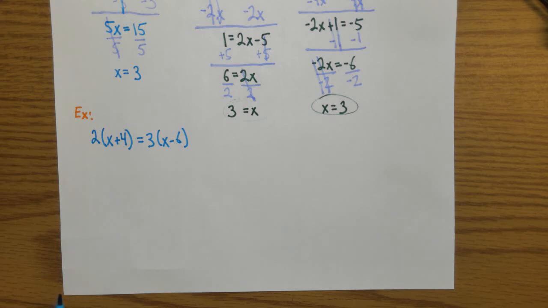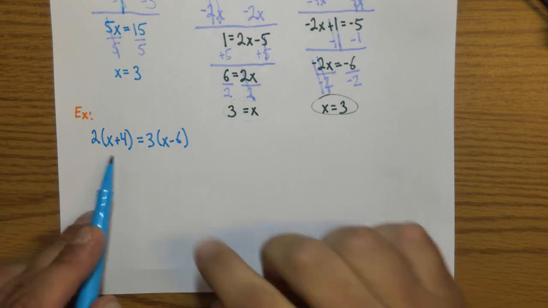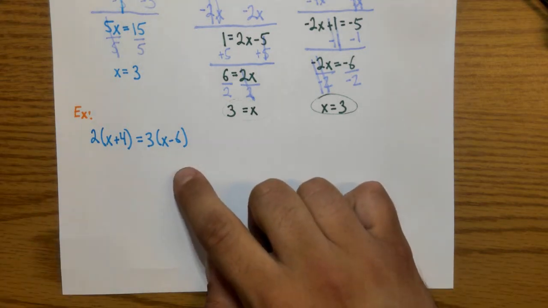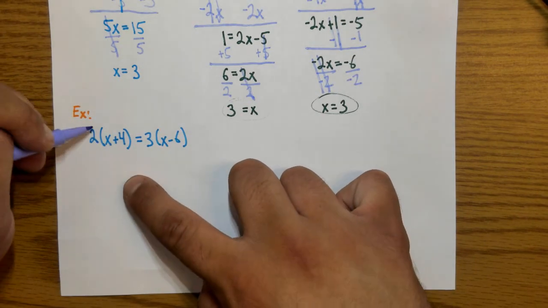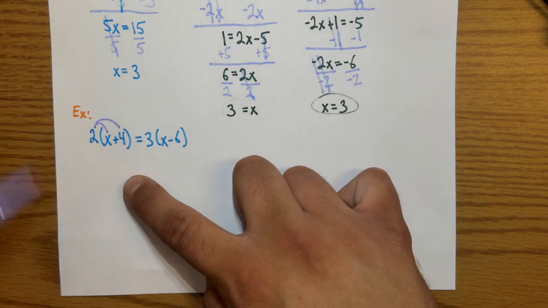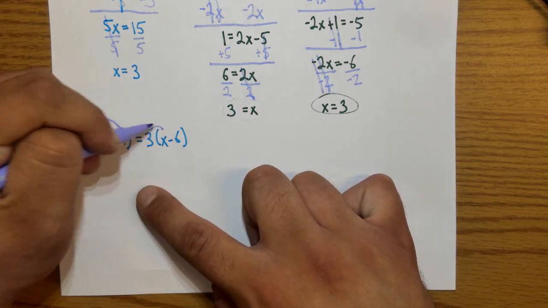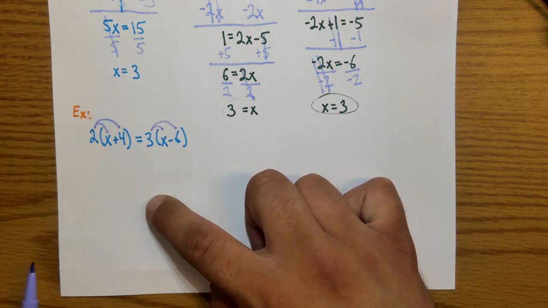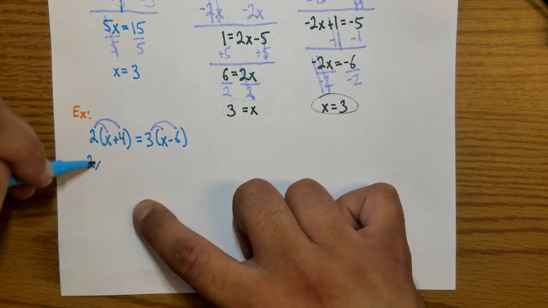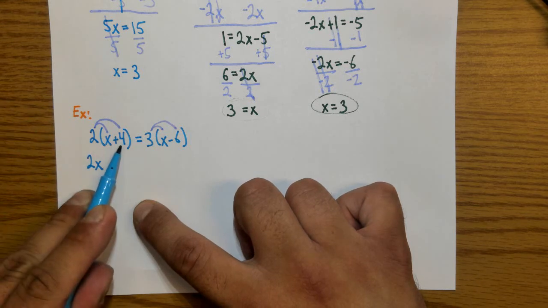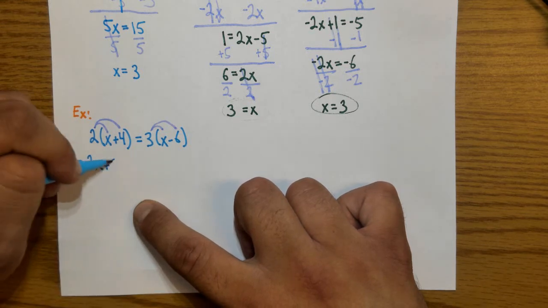So step 1, simplify both sides. In this case, yes, it's needed. We need to simplify both sides here. So remember what we're going to do. We are going to distribute this 2 over here, and we're also going to distribute this 3 over here. So let's focus on the left side. 2 times x is 2x. 2 times 4 is 8, and it's going to be a plus 8 because they're both positive.